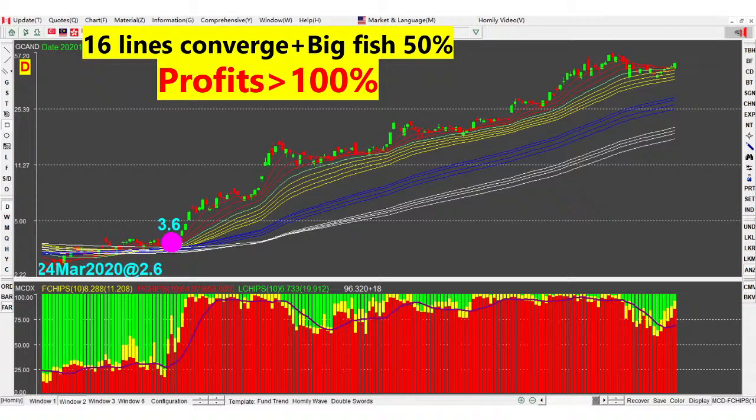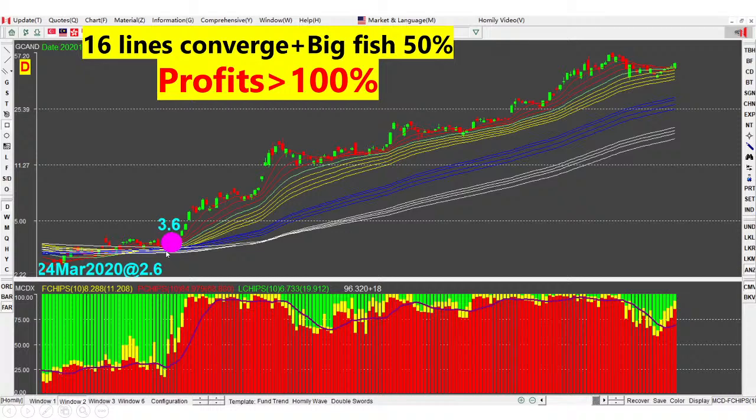So you see the pattern. The pattern here is very clear. We see for rainbows, the red line, short term, the green line, lifeline, the yellow line, mid short term, the blue line, mid long term, the white line, long term. So you see what happened here. I use the pink dot marked here.